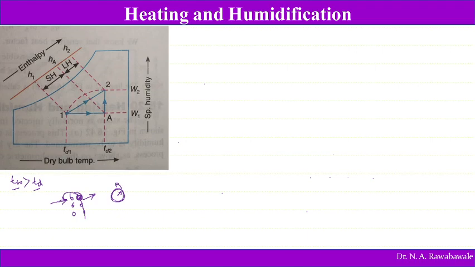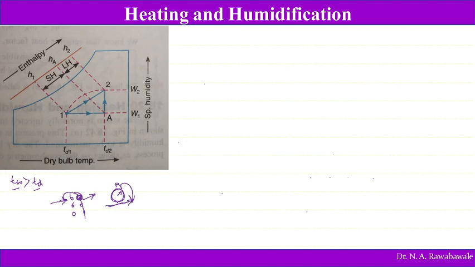In this way the air becomes heated and humidified. Heated and humidified means water gets added to the air, and the temperature of air also increases because the air passes through water having a higher temperature than the dry bulb temperature.